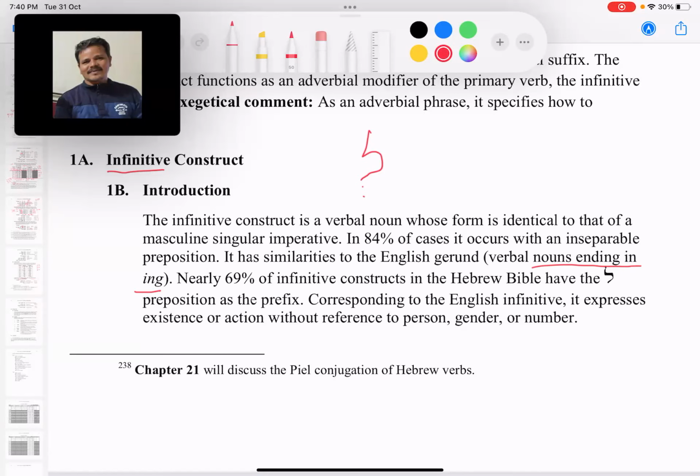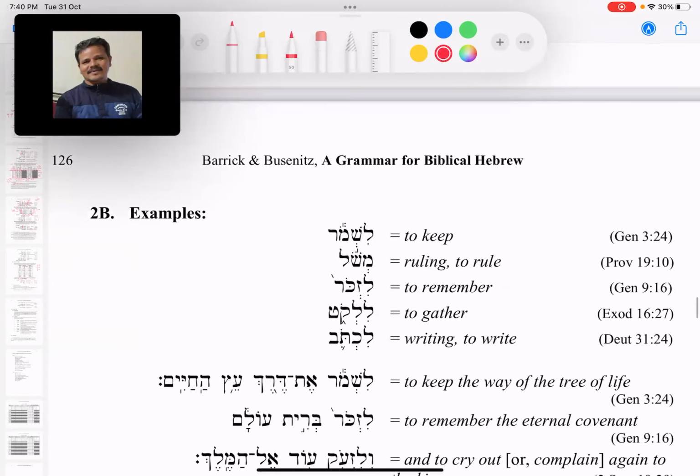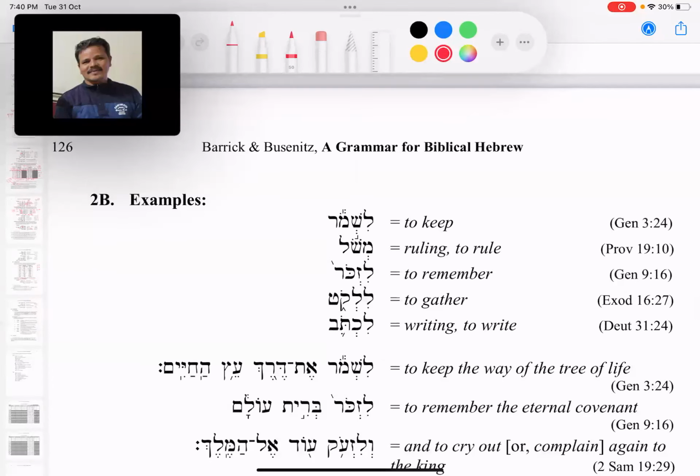Okay. So in nearly 84% of cases, this inseparable preposition lamed is used with this verbal noun. We'll take some examples so that you will understand.